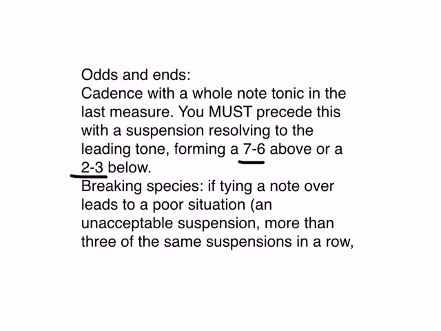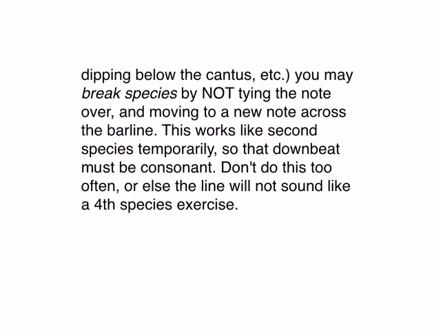And finally, breaking species. If tying a note over leads to a poor situation, an unacceptable suspension or more than 3 of the same suspensions in a row, or if we would dip below the cantus if we tie the note over, then you may do what we call breaking species by not tying the note over and moving to a new note across the bar line.